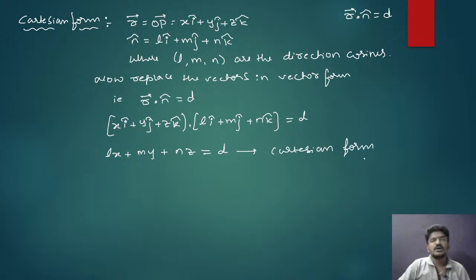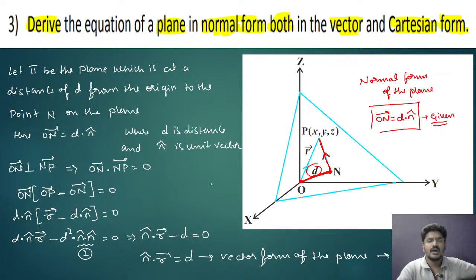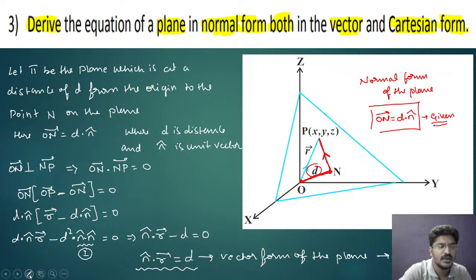Okay. So hence this is your Cartesian form of normal form of the plane, and here is your vector form of the normal form of the plane. So here the very important thing is, in the normal form of the plane, vector np is perpendicular to vector on.